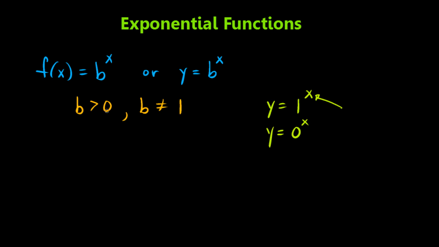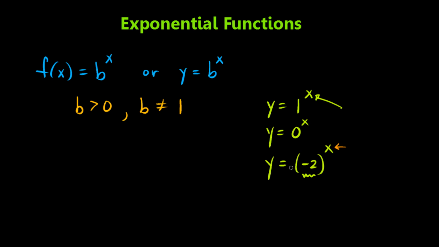The reason why it can't be negative is because if it was negative, for example y equals negative 2 to the x, and our x value was something like 1/2 or 1/4 or 1/6, the outputs would not be real.